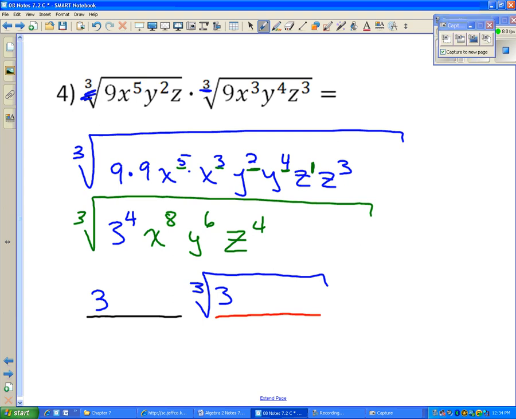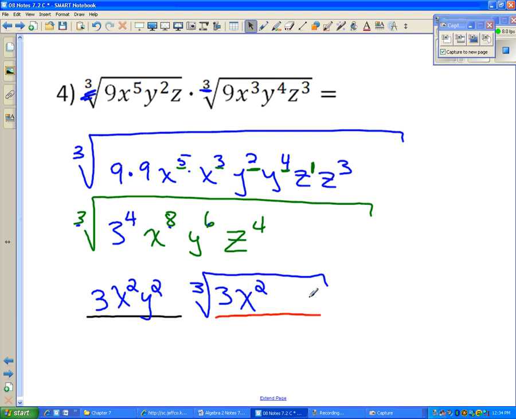My remainder is 1. X to the 8th, 8 divided by 3 is 2, so this is x squared. Well, 3 times 2 is 6. 8 minus 6 is 2, so I have a remainder of x squared. Y to the 6th, 6 divided by 3 is 2. It goes in evenly, so I get y squared with no remainder, so there's no y under the cube root.